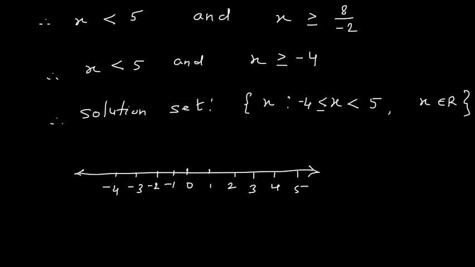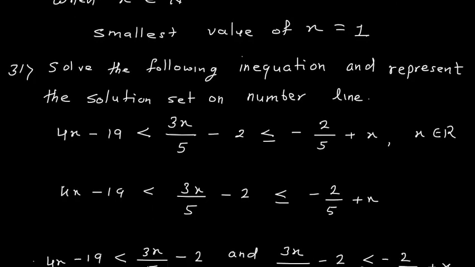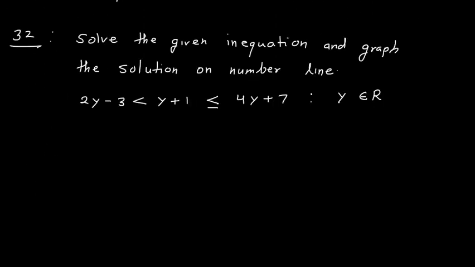So it should be less than 5 and greater than or equal to minus 4. So from here we will use a filled circle, and up to here we use an open circle. So this is how we represent it on the number line. This is our question number 31. Now let us see question number 32.